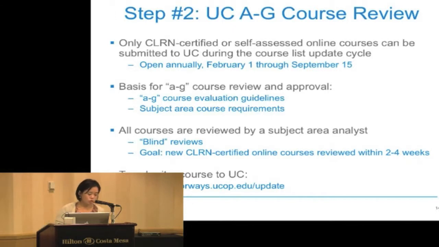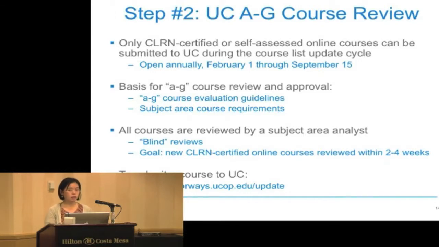And the A to G course approval for any course that comes to us, online or non-online, is generally based on 2 components. And these are the same criteria that we use for all new courses that are seeking A to G approval. One of the things that we keep in mind is that the A to G course evaluation guidelines must be met.